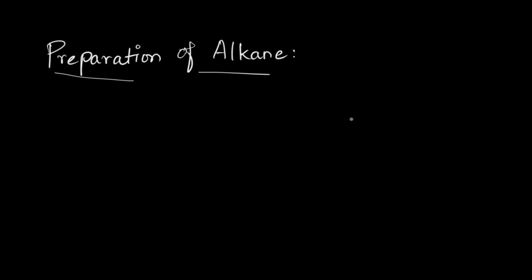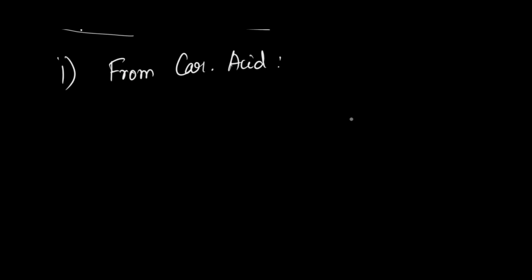Okay, so coming back to the topic, preparation of alkanes. The simple preparation we take first is from carboxylic acid. We very well know the formula of carboxylic acid is RCOOH.